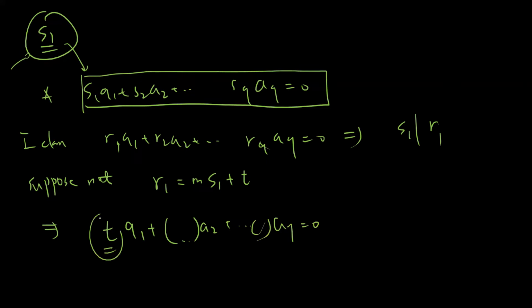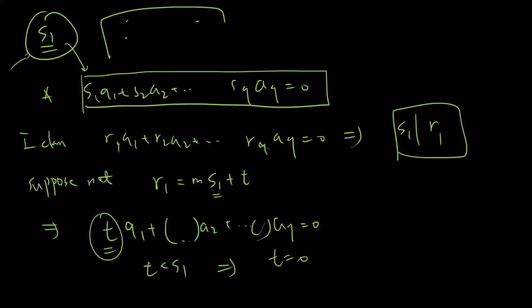But the problem is that I already claimed that S1 is the smallest, and by the division, this T is less than S1. So the only choice is that T must be 0, which proves this case. Okay, so this should be used as Lemma 1. Lemma 1 says that any other relation satisfying this property must have S1 divide R1.